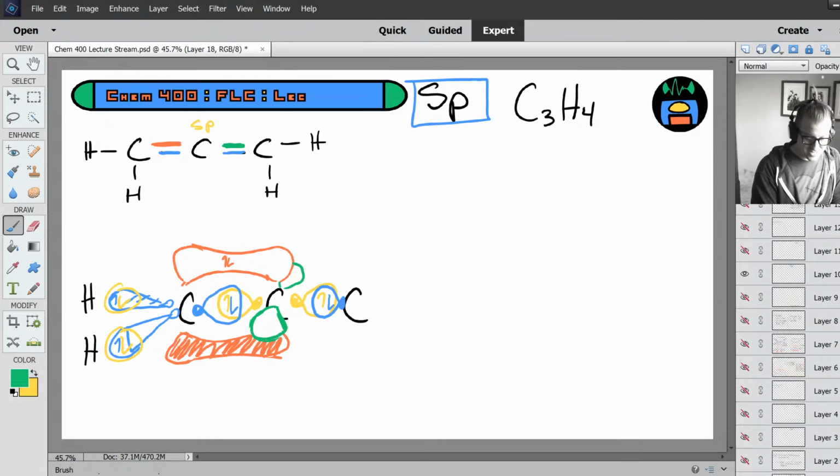Because to form that second carbon-carbon pi, we need indirect orbital overlap. That means the only orbital we can use to make that bond is a px orbital on our second carbon.